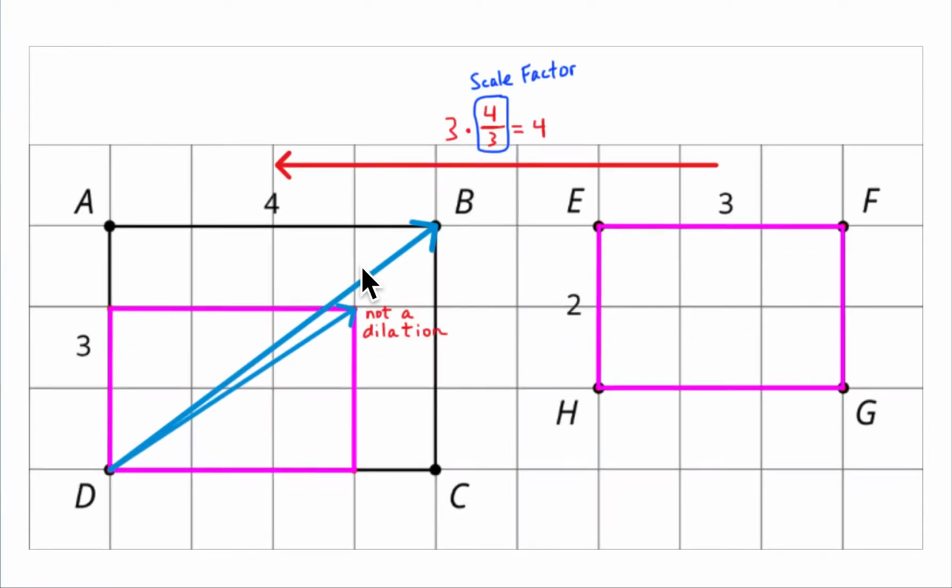But what do the factors that take each length to its corresponding length tell you? Well, the factor that takes 3 to 4: 3 times what value equals 4? Well, 4 is 4/3 of 3. So if you take this 3 and divide it into 3 equal parts, each one of these is a third. This is 1/3, 2/3, 3/3.